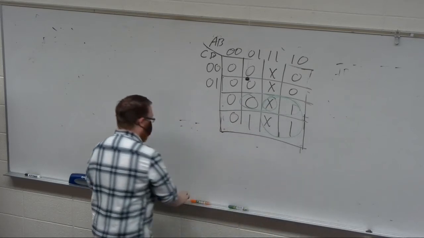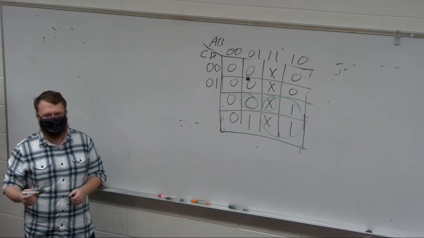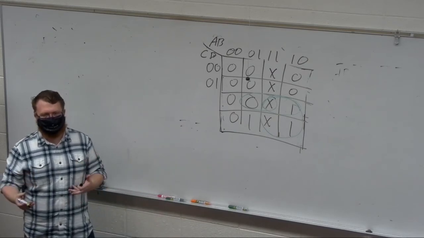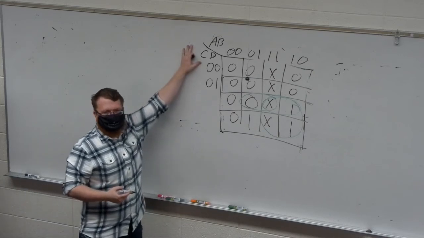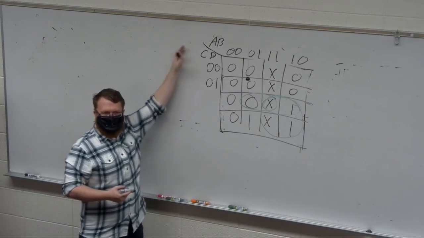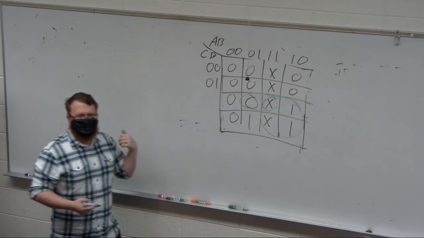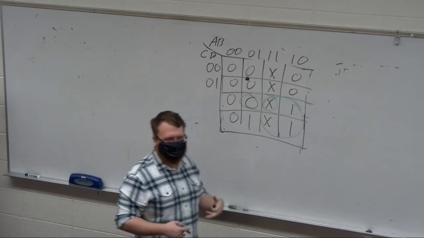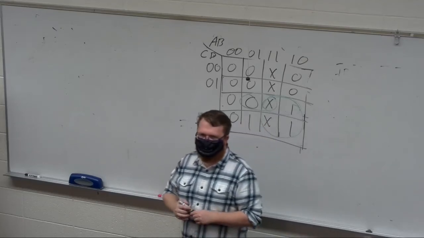Very rarely would you ever want to do logic simplification for a table that has more than 4 inputs, even rarer that you'd do 5, and even rarer that you would do 6. Once you press beyond 6, you're almost certainly going to let some program do it for you, because it gets really complicated.